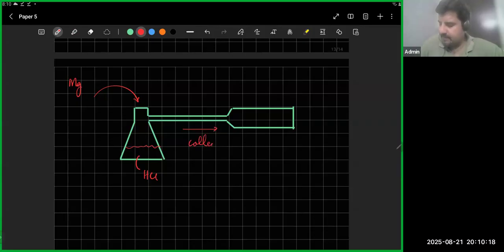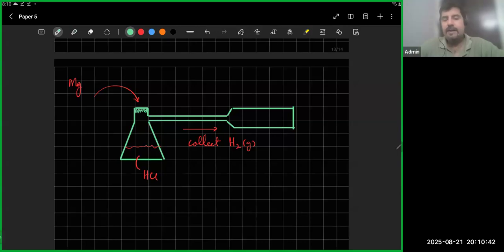Remember in P5, you have to pay attention to all the little details, the small details. So you have to collect H2 gas and measure the volume as well. Preferably measure the volume. So I need to put in Mg into HCl. The trouble is that this entire flask is completely stoppered. It's completely airtight.